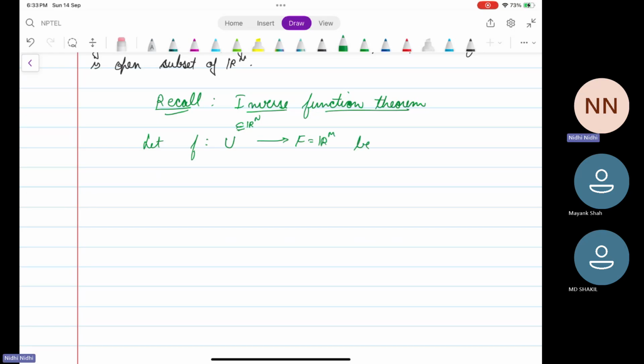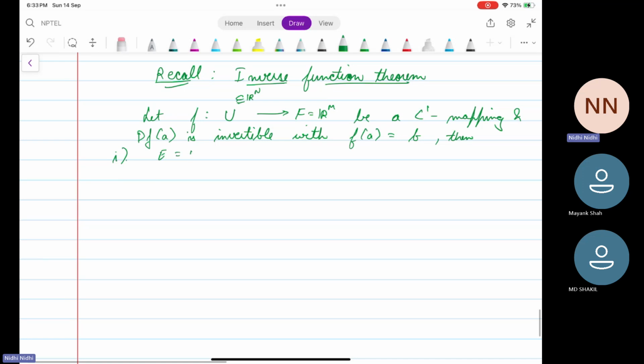Be a C1 map, and df at a, so it is a matrix, is invertible. A matrix and a linear transformation is invertible, with f(a) being mapped to point b in F. Then we have the following.